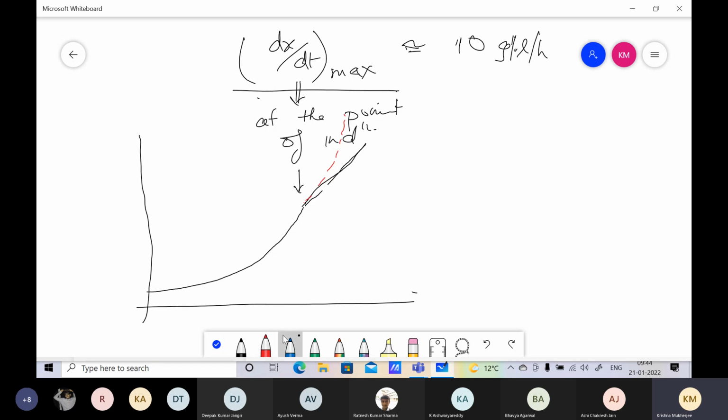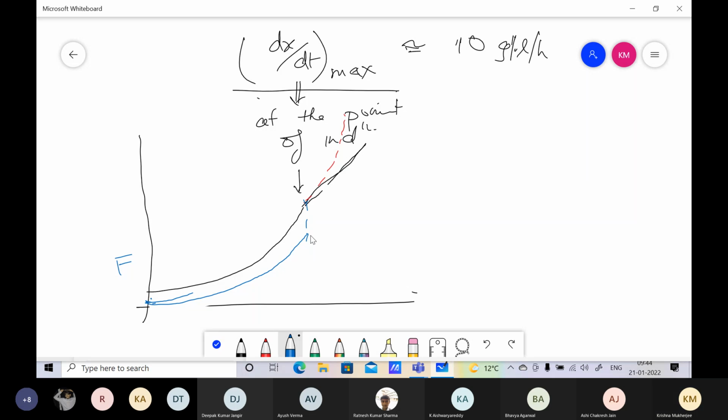If this is the feed, also increasing exponentially, this is F. What should be the F post induction? How should it go?